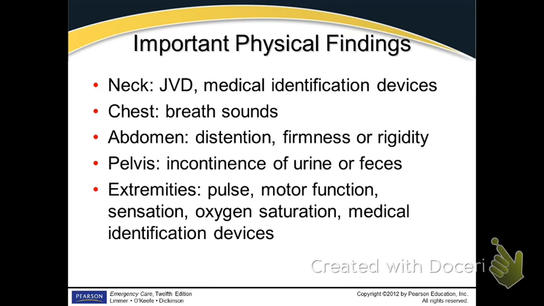Even with rock hard abs like I have, the abdomen is supposed to be soft and non-tender. So all the belly should be soft and non-tender. You should have pulses and motor function and sensation in the extremities. Check pulse oximetry.